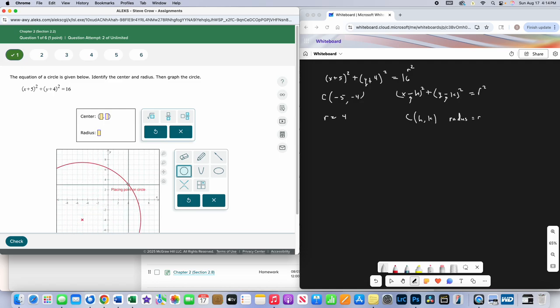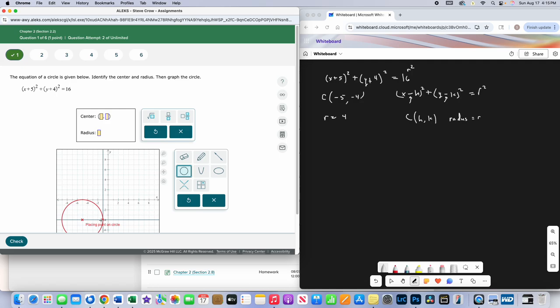And then it wants us to place a point on the circle. Well, the radius is 4, so from the center I'm going to go up 4 units. 1, 2, 3, 4. Or if I wanted to, I could go to the right 4 units. 1, 2, 3, 4. It doesn't matter.